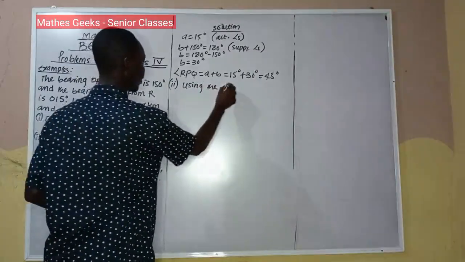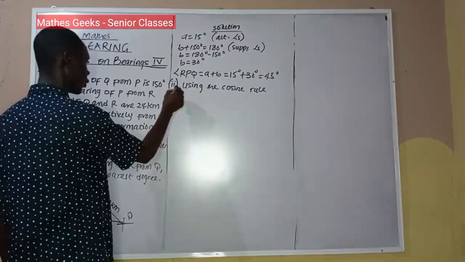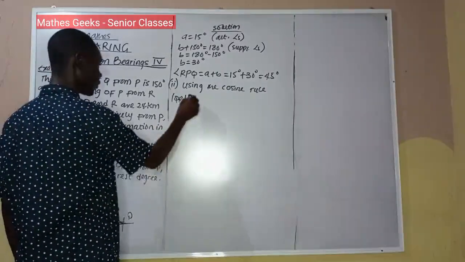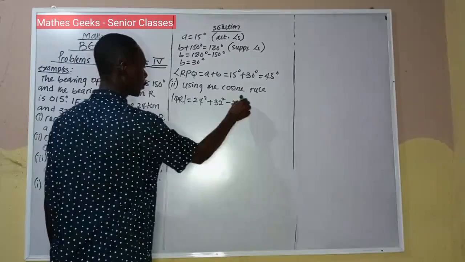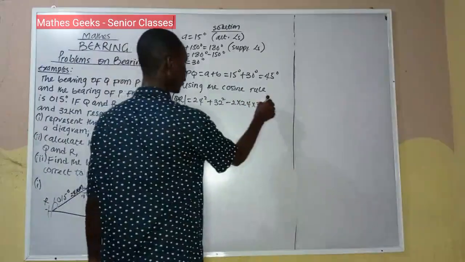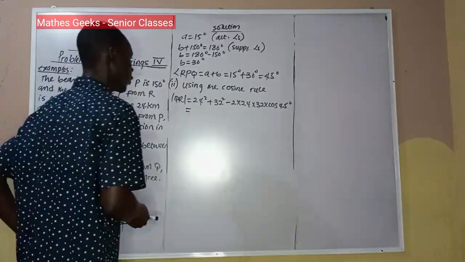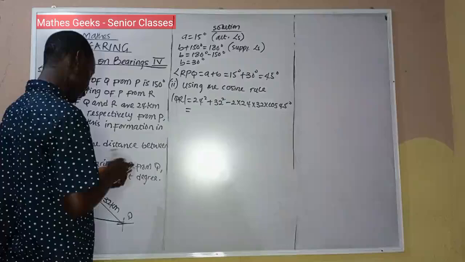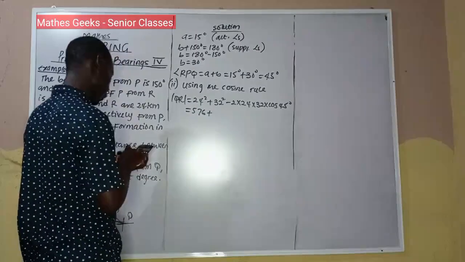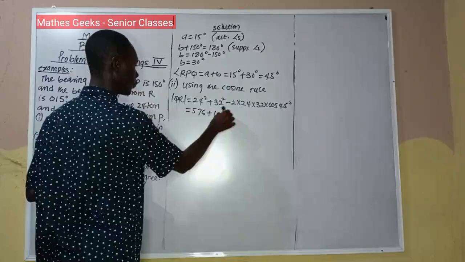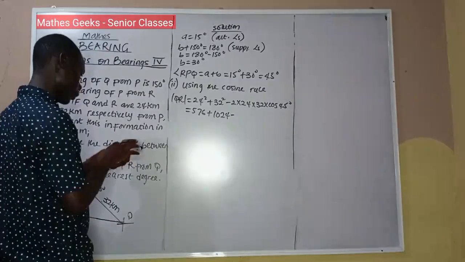Using the cosine rule, QR squared is equal to 24 squared plus 32 squared minus 2 times 24 times 32 times cos 45 degrees. 24 squared is 576, 32 squared is 1024, minus 2 times 24 times 32 times cos 45.